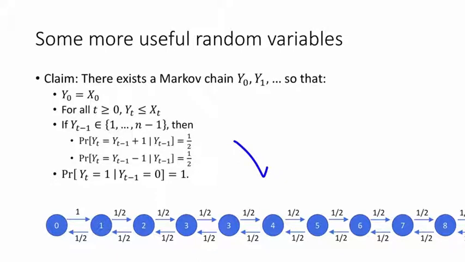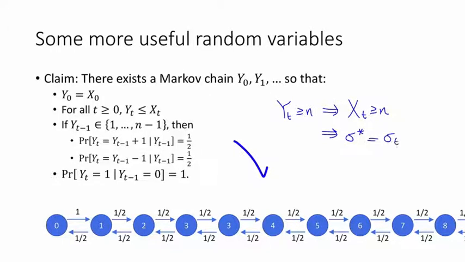We can find these random variables y sub i. Why did we want to do this? Well, the fact that y sub t is less than or equal to x sub t means that it's more pessimistic to look at y sub t. That is, if y sub t is greater than or equal to n, that's going to imply that x sub t is greater than or equal to n, which is going to imply that sigma star is equal to sigma t.